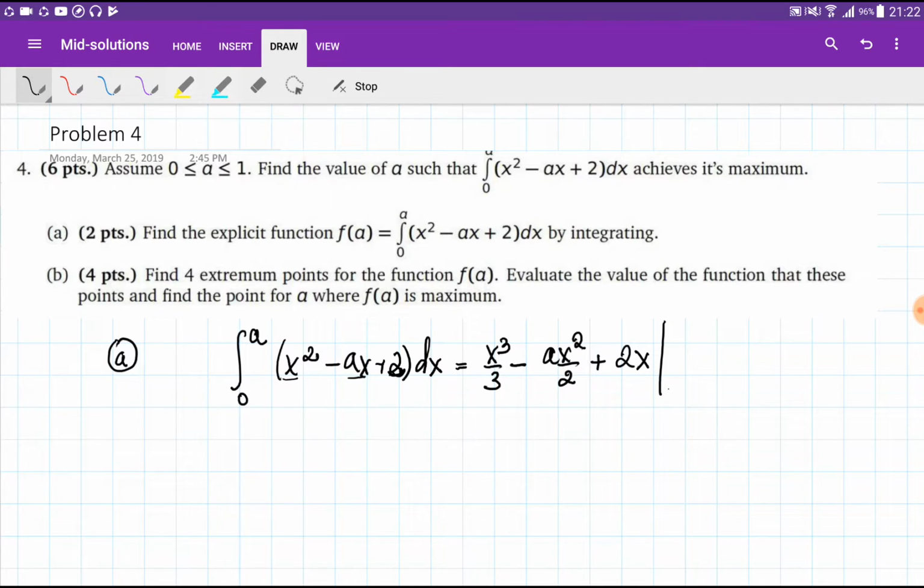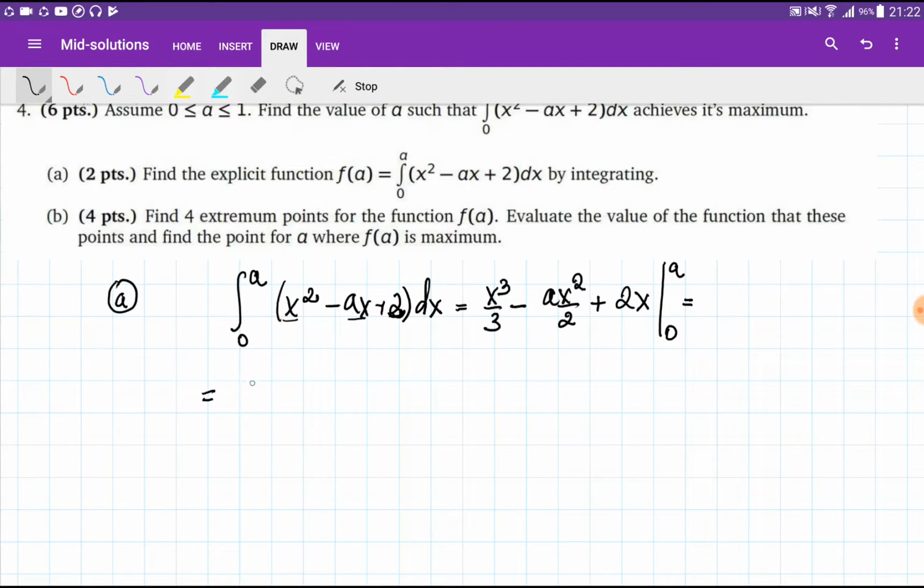So we need to put the values 0 and a here. If I put in the value of a, I'll get a cubed over 3 minus a multiplied by a squared over 2 plus 2 multiplied by a, right? If I put in 0 for x, everything will be 0, so I don't need to write it to evaluate this.